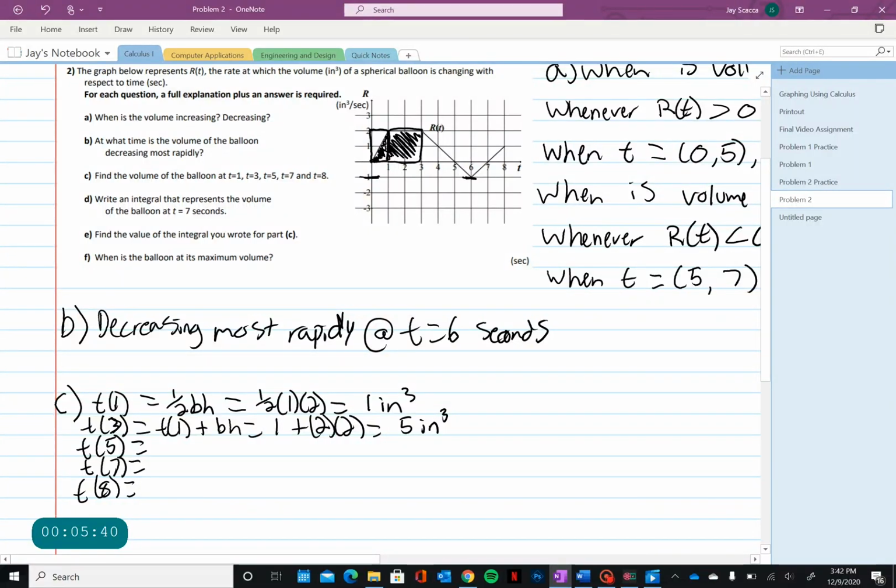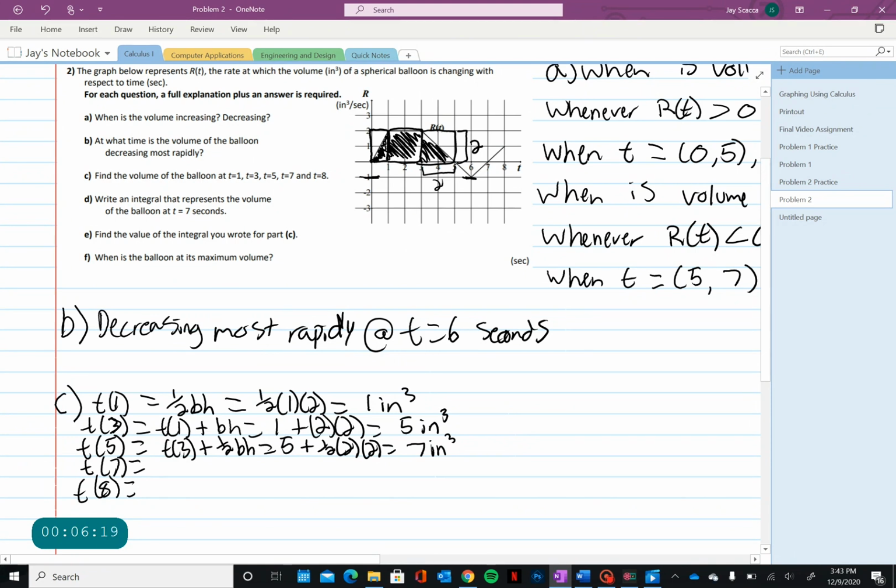On 5, we can find the area of this triangle, because this is 2, the height is also 2, so we take V of 3 plus 1/2 base times height, which is equal to 5 plus 1/2 times 2 times 2, and then that gives us 7 inches cubed.